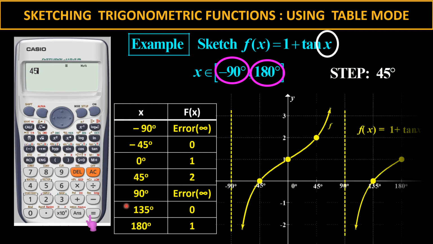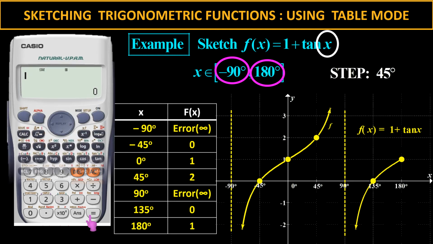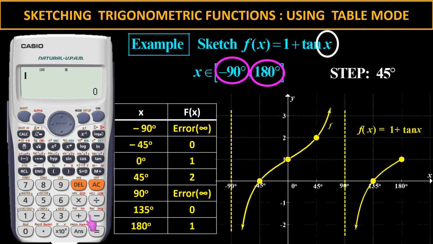If I plot the graph, that is what it will be. And you can see there's an asymptote at negative 90 and another asymptote at 90. There are two asymptotes there. So that's how we can use the table mode.